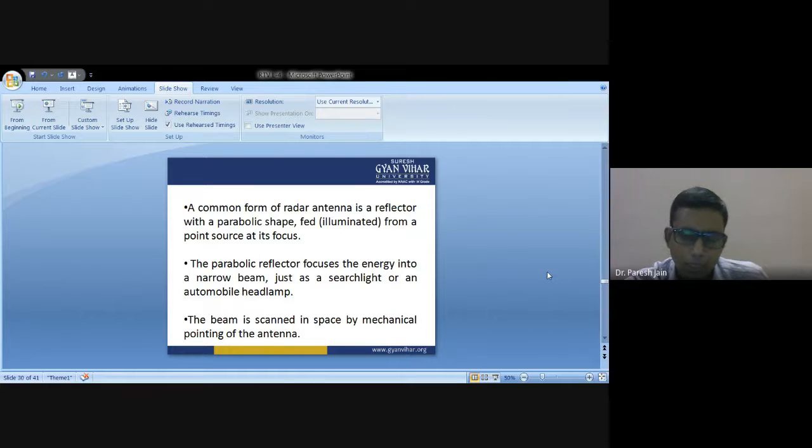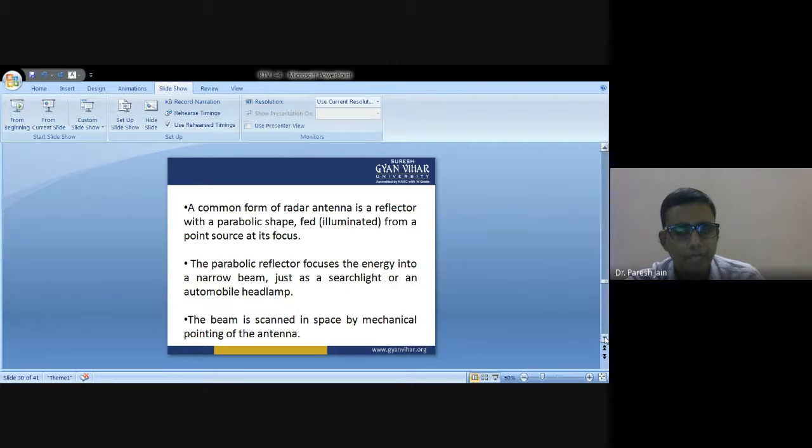So in the case of radar, this type of beam is very important. This type of beam or antenna is very beneficial for radar system.